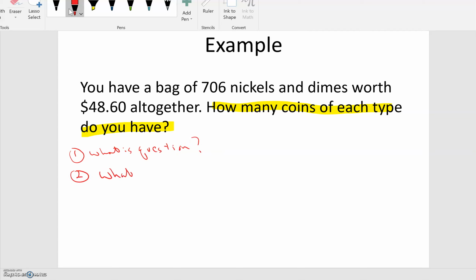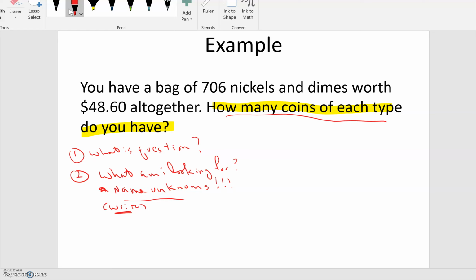What am I looking for? In other words, what are the unknowns? Very important that you actually name the unknowns and write them down on your paper. So in this case, how many coins of each type? That's what I'm looking for.